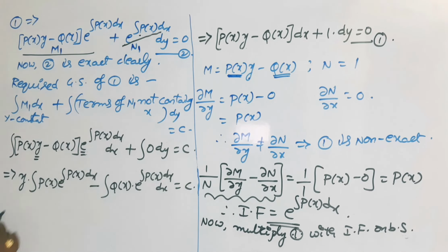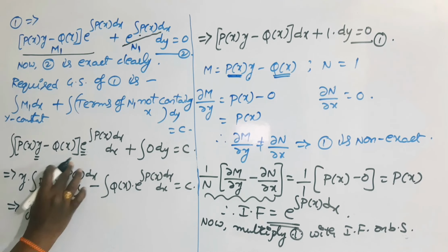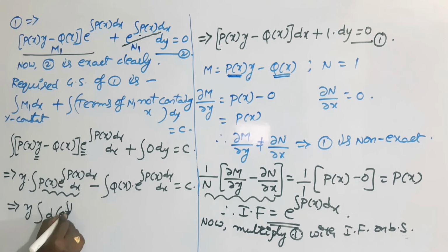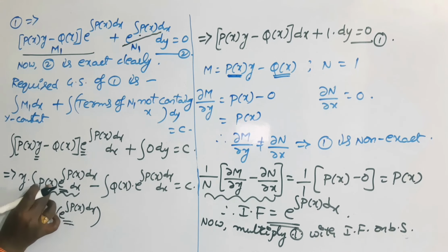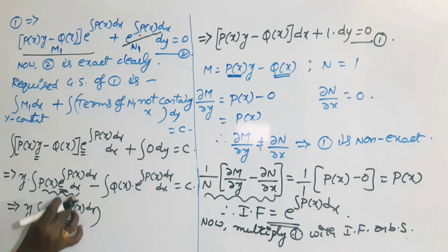Now I will write this entire term as the derivative of e power integral p of x dx. Because the derivative of the exponential term is itself, and the derivative of the power, which already has an integration, the derivative of the integration gets cancelled, you will get only p of x, and the derivative for x is dx.